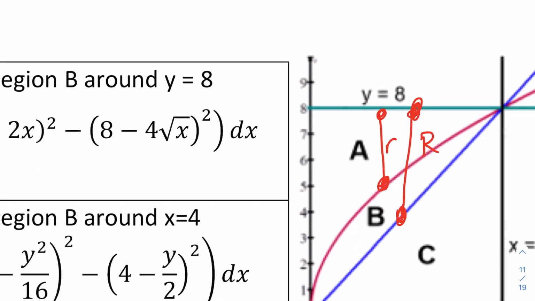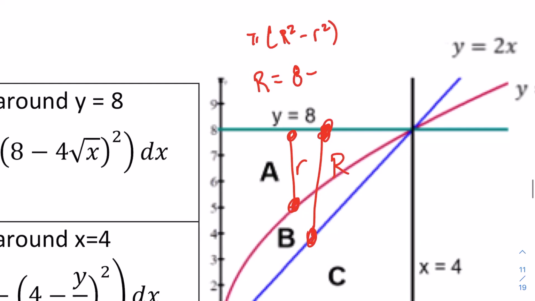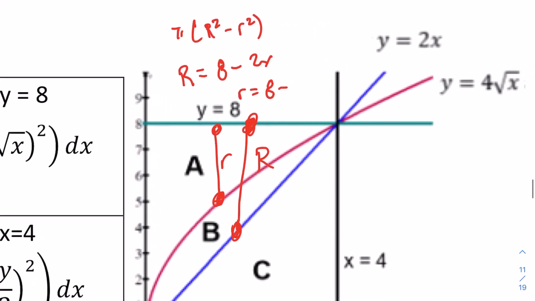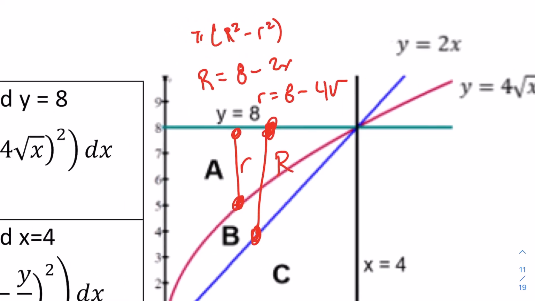I need to find those lengths because they're going to be plugged into my cross section, which is pi times big radius squared minus little radius squared. To find this length, it is top minus bottom. So big R is 8 minus the function 2x, and my little r is 8 minus 4 square root of x.